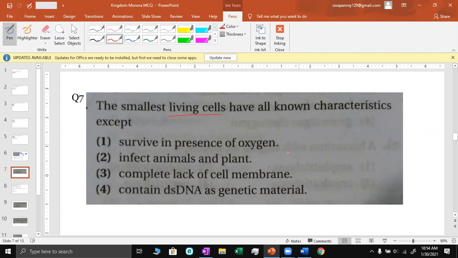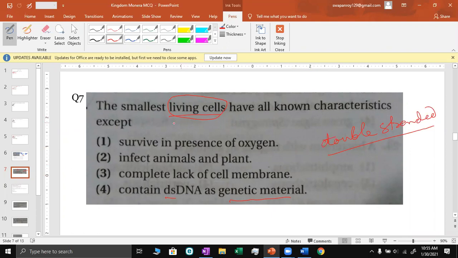Survive in presence of oxygen, infect animals and plants, complete lack of cell membrane, contain ds DNA as genetic material. ds is double stranded, the normal DNA as the genetic material. The smallest living cell has all the characters except one. Which one? Option 3.